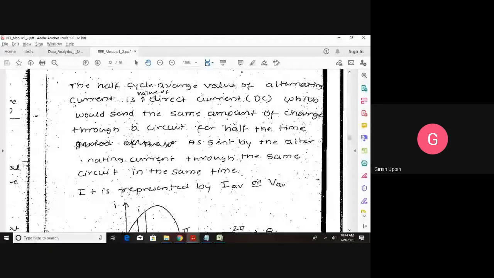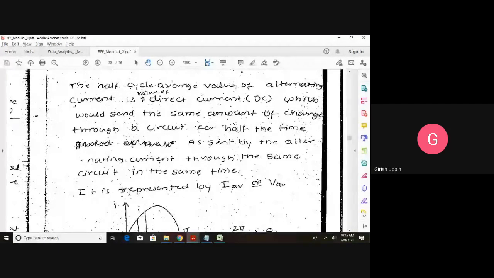So I will get the average value. But the actual meaning in terms of electrical engineering is that this value is equivalent to a direct current which will send the exact same amount of charge. Let us say we have an alternating current applied to one circuit, and in the half cycle it moves x amount of charge through the circuit.